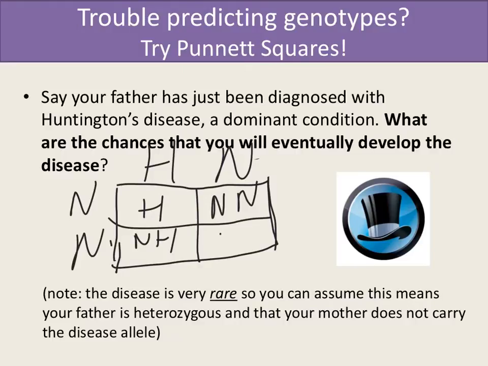And then here, NN. So essentially, the probability is 50%. If your dad has Huntington's disease, or your mom has Huntington's disease, it means that there's a 50% chance that each offspring will have the disease. They may not show the disease until later in life, but that's their chances.